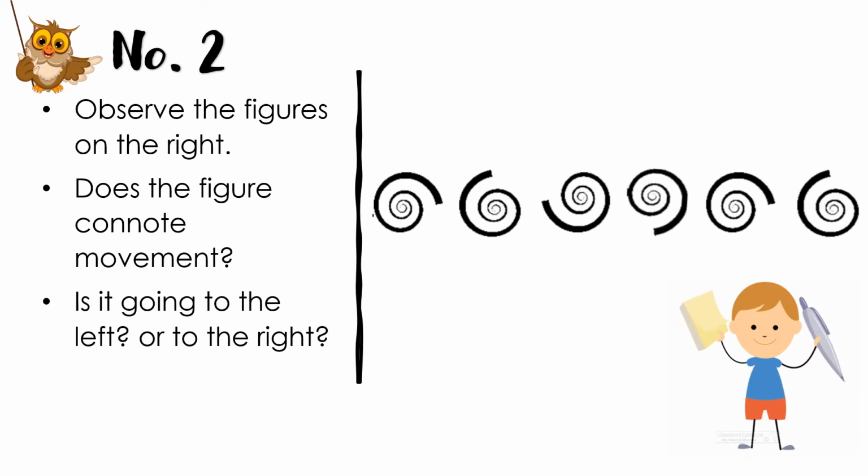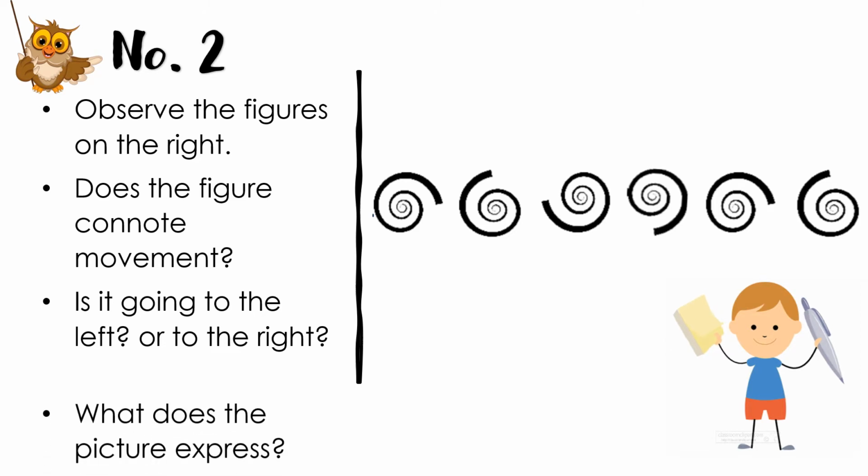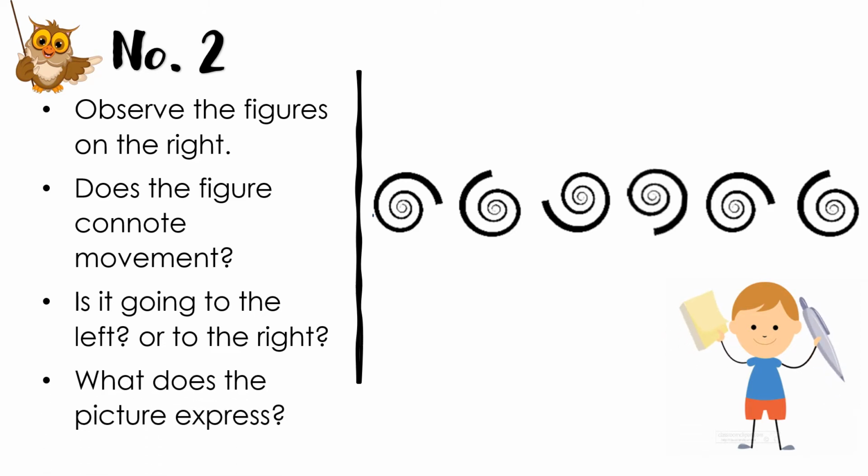Is it going to the left or to the right? If your answer is to the left, write to the left. If your answer is to the right, write to the right. What does the picture express? Do you have answers in mind? Write your answers on your notebook.